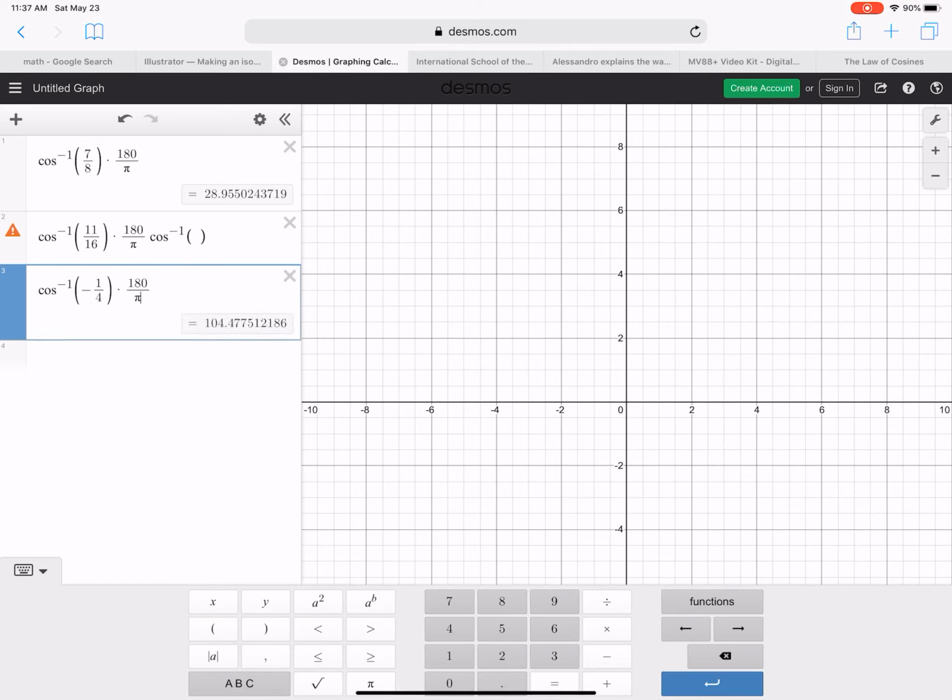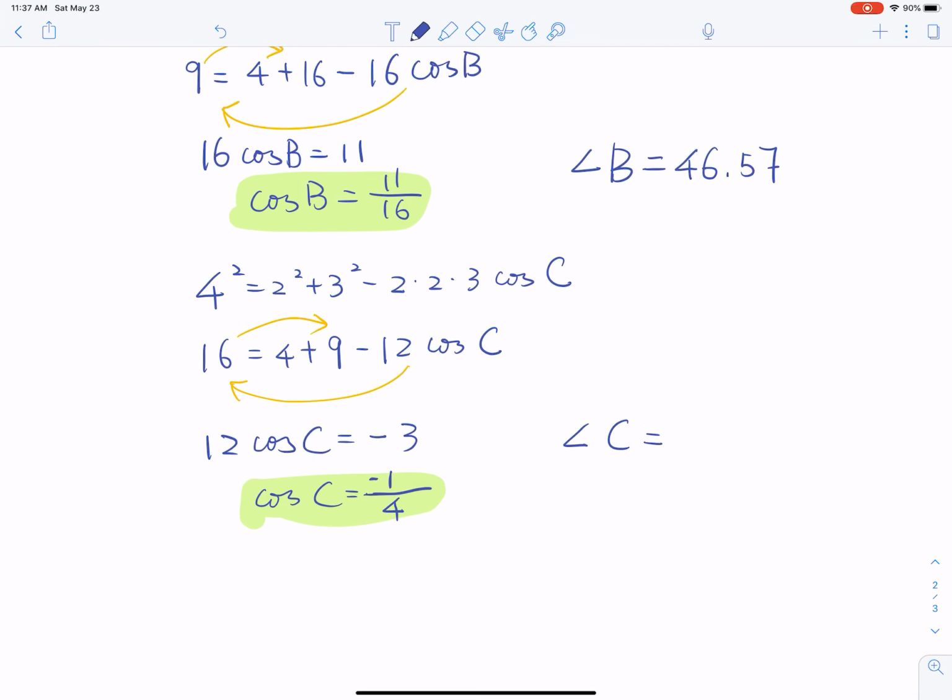Not in a rush. You just keep on writing one at a time. 104.48. Okay. So 104.48.